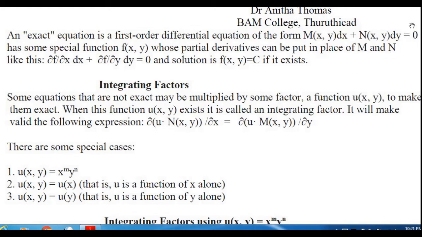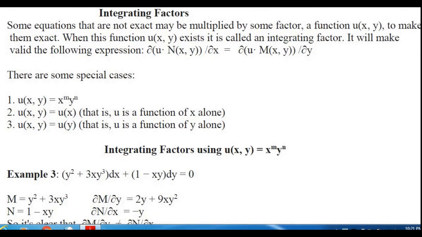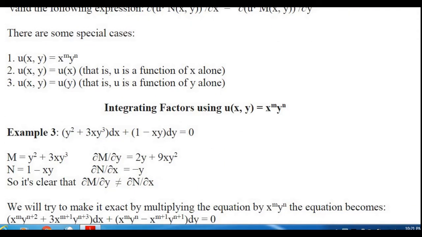There are three types of such integrating factors mainly. First one, u(x,y) = x^m y^n. The second type is u(x,y) = u(x), that is, u(x,y) is a function of x alone. Suppose you are getting a constant, say 2 here, then 2 can be written as 2 into x^0, which is a function of x.